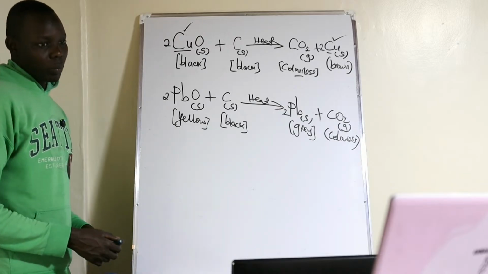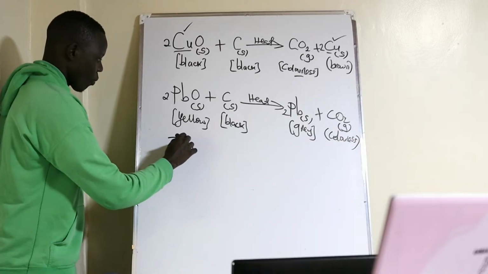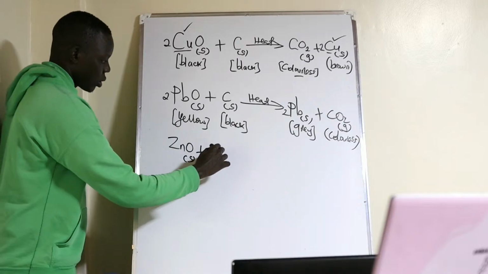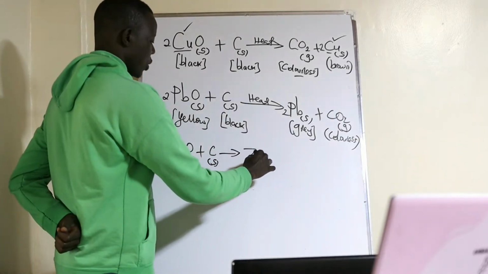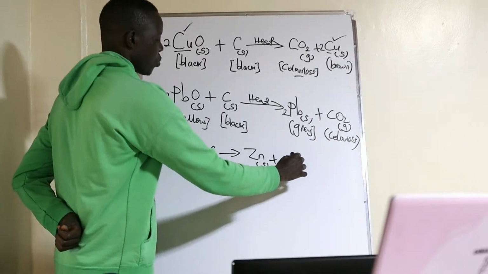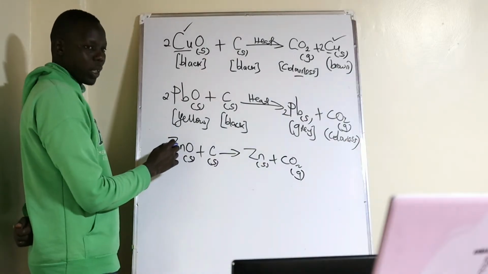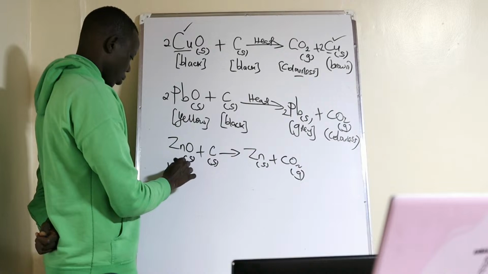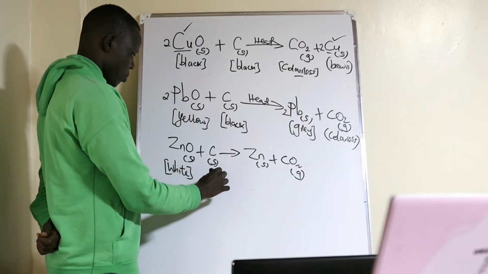So zinc oxide solid plus carbon solid will give us zinc, which is a solid, plus CO2, which is a gas. So this one is white. And this is of course black.